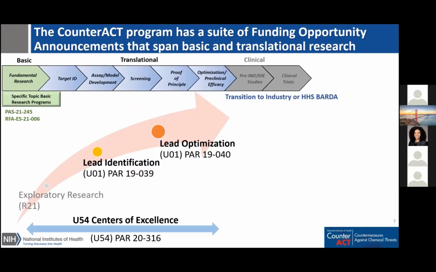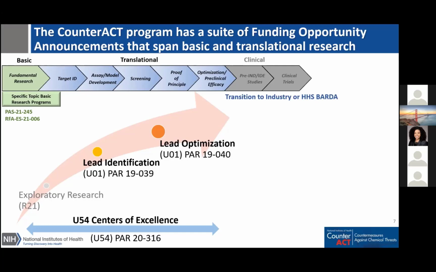The CounterACT funding opportunity announcements, or FOAs, are designed to feed into one another and promote a progressive translational program structure, beginning with exploratory R21 grants. Our lead identification FOA covers activities from confirmation of molecular targets to preliminary in vivo efficacy and toxicity studies. The goal here is to have at least one lead compound ready for optimization at the end of the project.